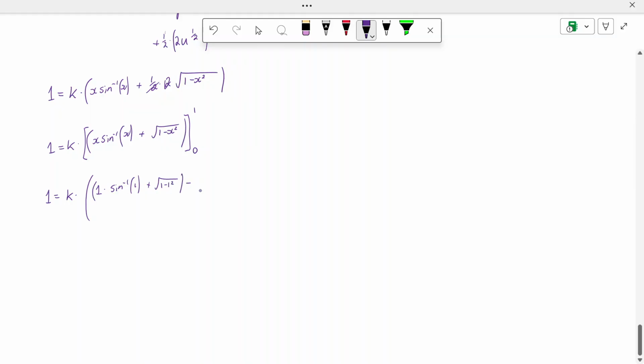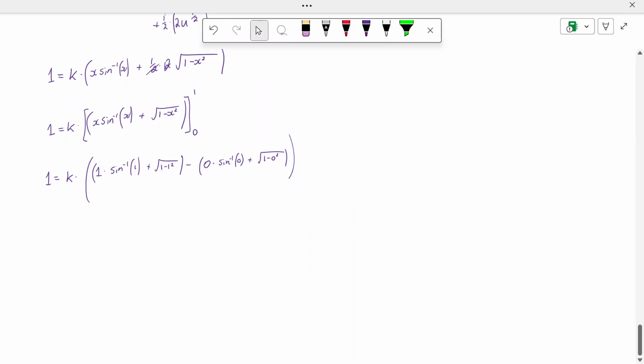All of that needs to be subtracted from 0 times arcsine of 0 plus square root of 1 take 0 squared.